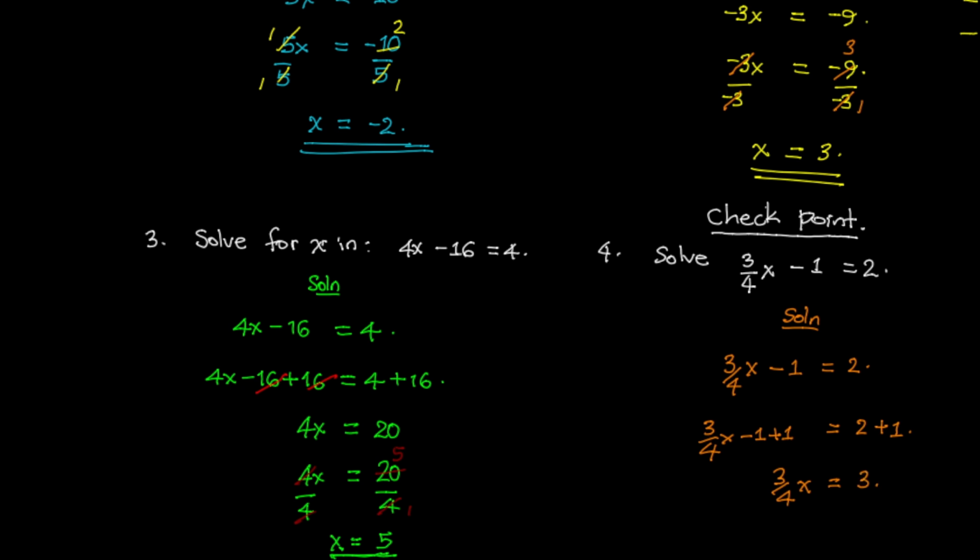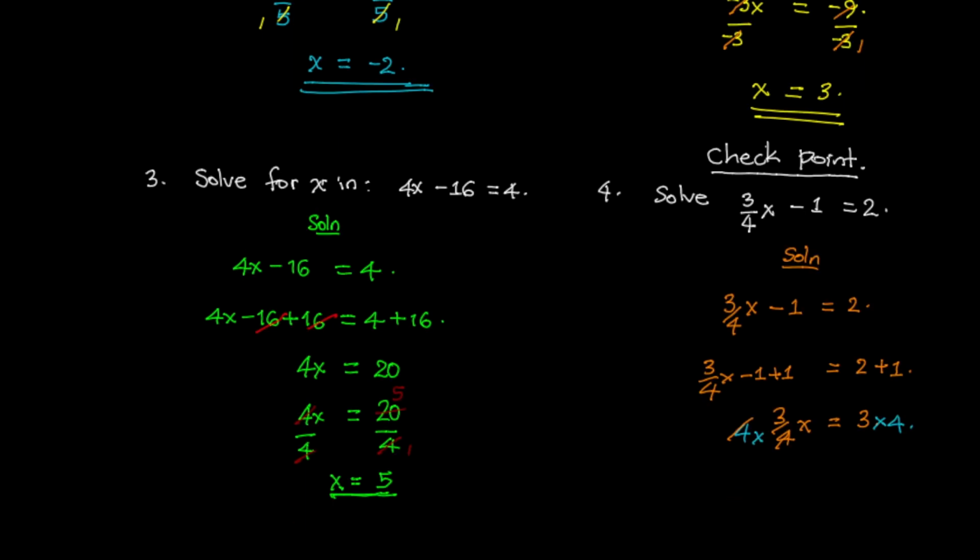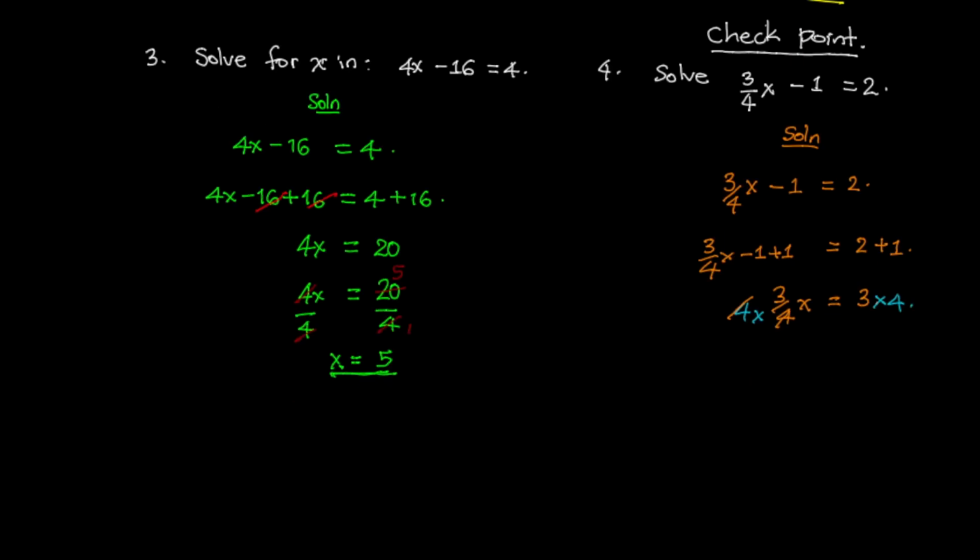Now we can go ahead and multiply both sides by 4. This results in cancellation of the 4 on the left hand side, and the only remaining thing is 3x equals, now 3 times 4 is 12, so we have 12.